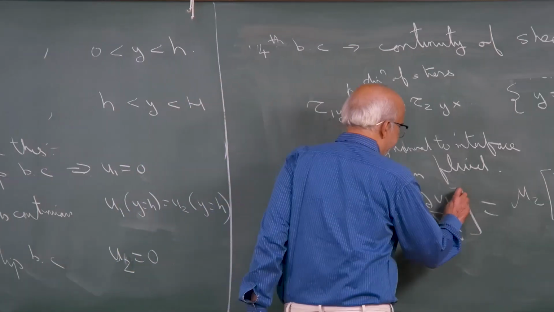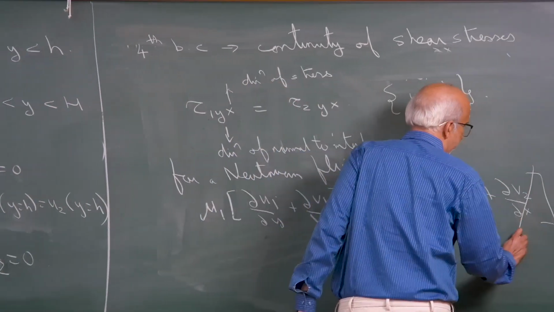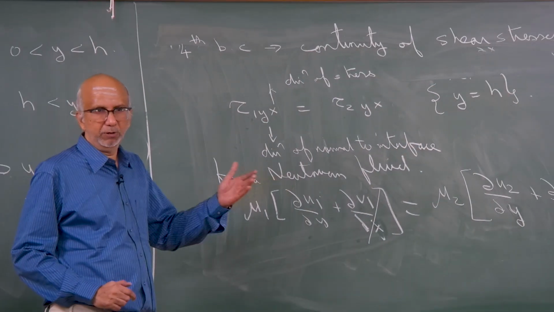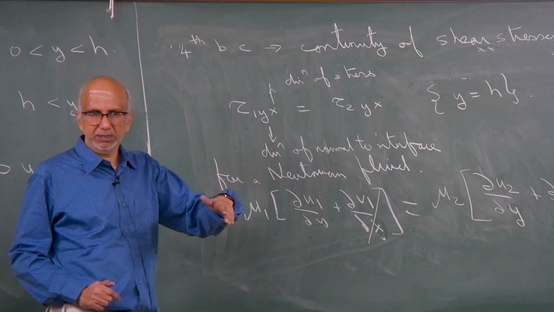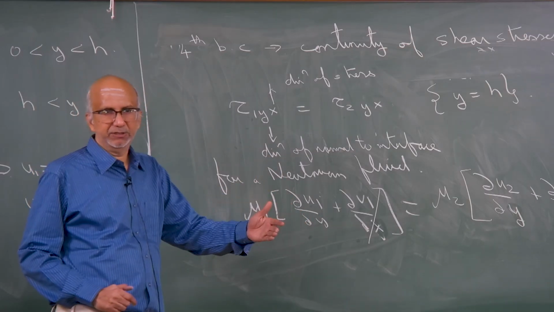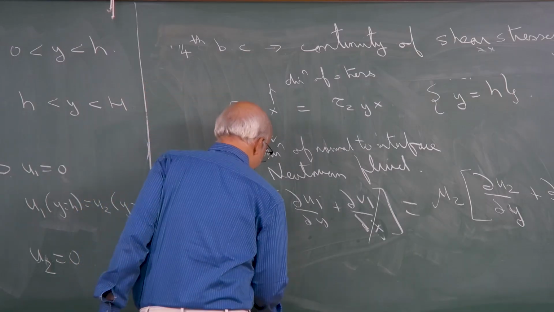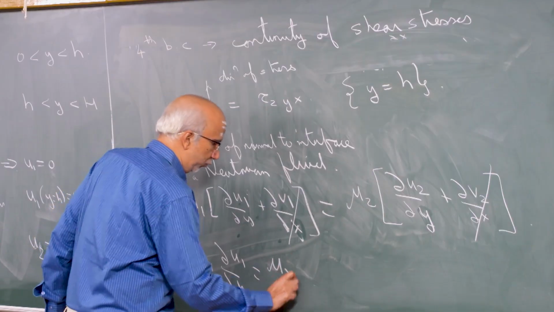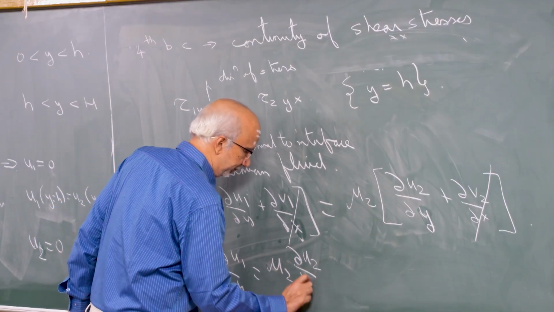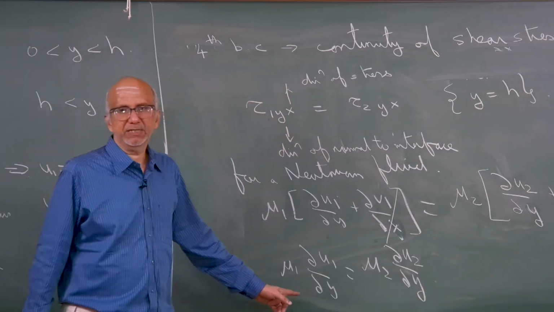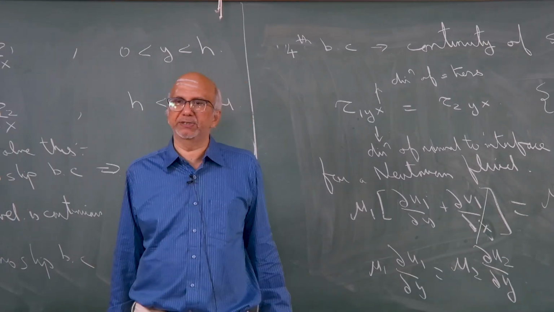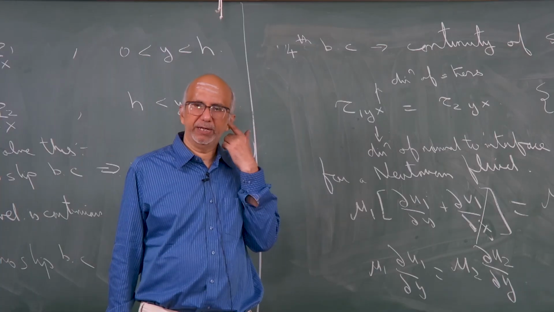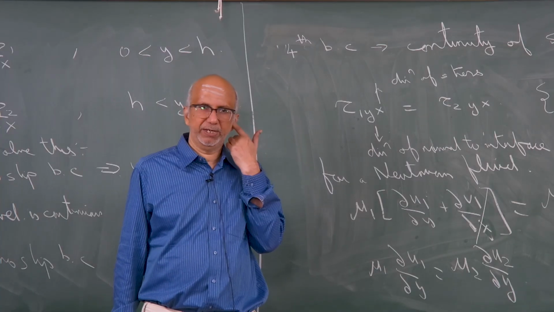This goes to 0 because of the continuity equation, where we showed that velocity is 0 everywhere for all x. So, dv1 by dx is 0, dv2 by dx is 0, and this simplifies to mu1 du1 by dy equals mu2 du2 by dy. So, that is your fourth boundary condition. Basically you need 4 boundary conditions, and I have told you what they are.